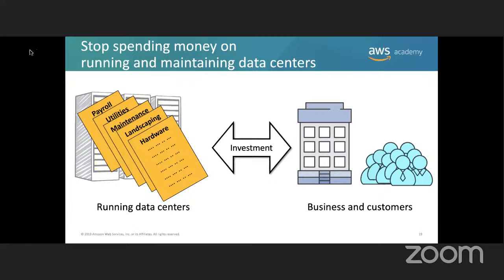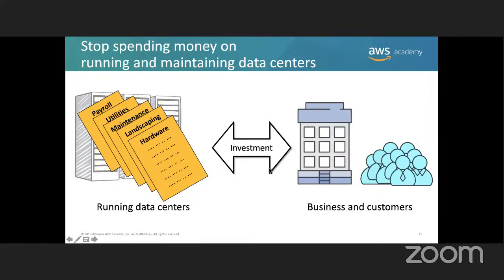So here you have to do the payroll, utilities, electricity, water, internet services. You have to do so many things here, things that you will have to do in the cloud as well. You have to pay for internet anyway, even if you're in the cloud. But maintenance, you pay for all the stuff, not for data centers, landscaping, hardware, and payroll.